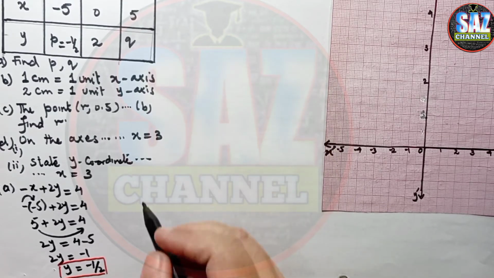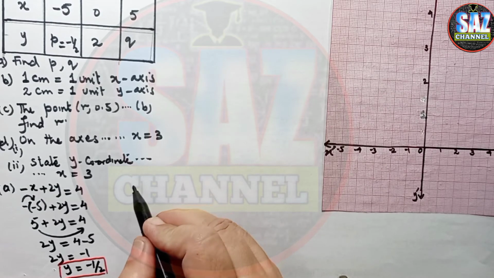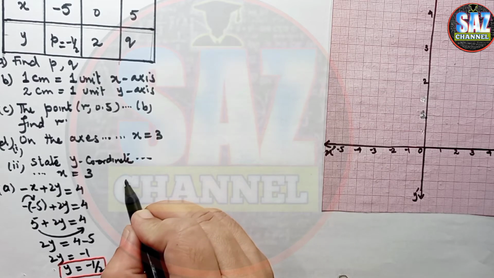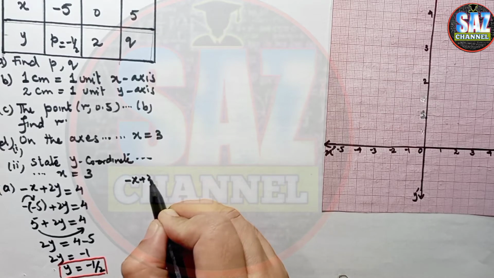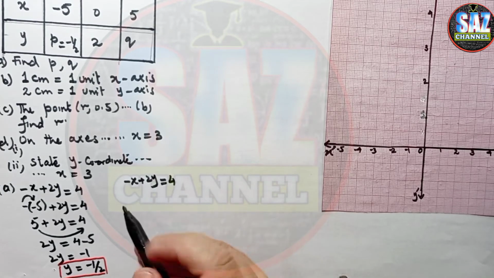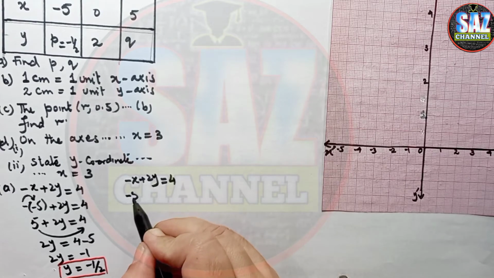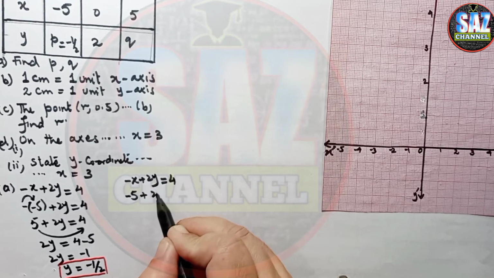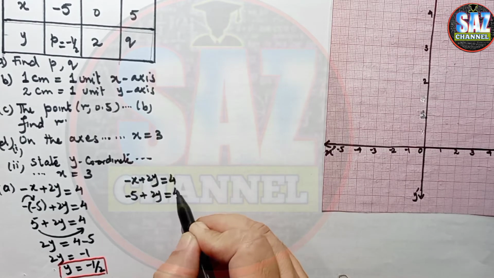So in order to get the value of q, again I have to take this equation minus x plus 2y equals 4, and instead of x I will replace 5, that will become minus 5 plus 2y equals 4.